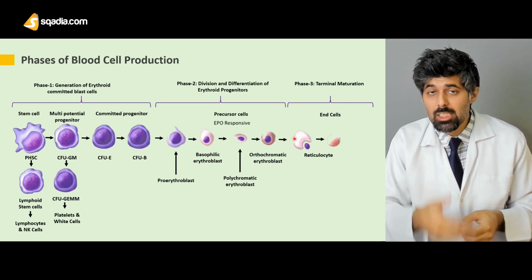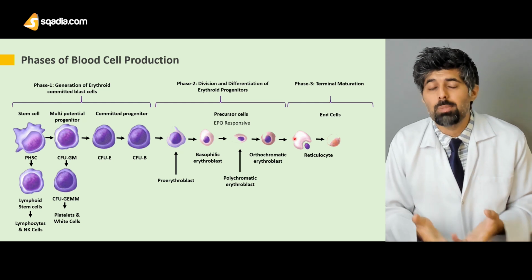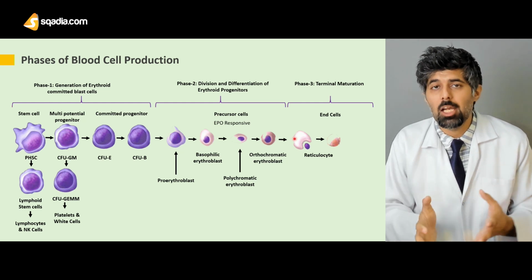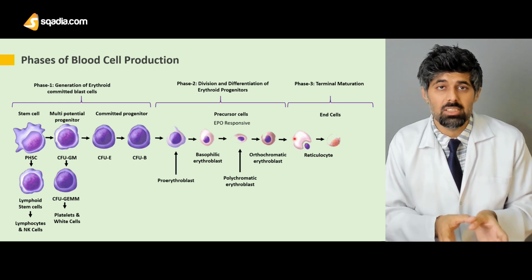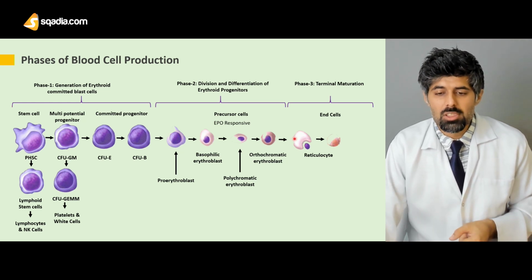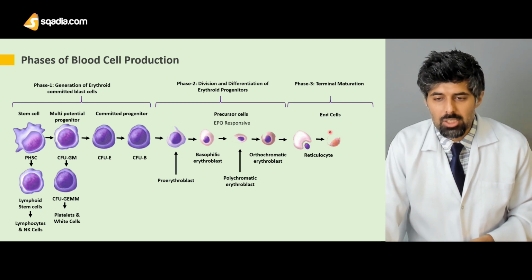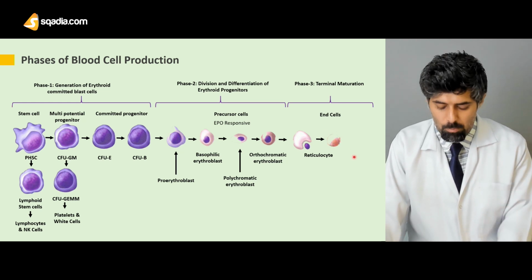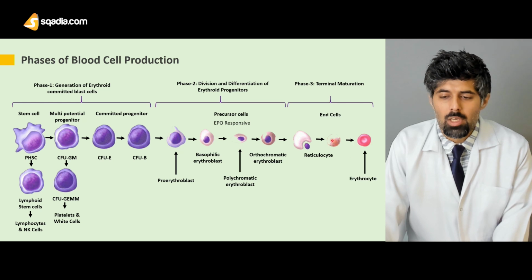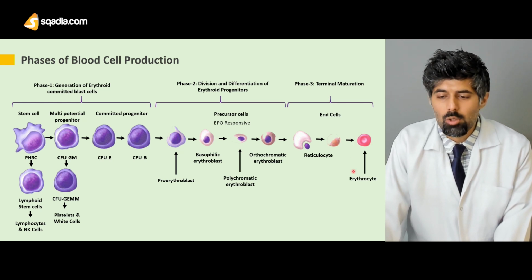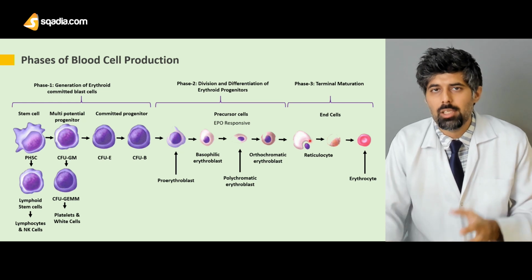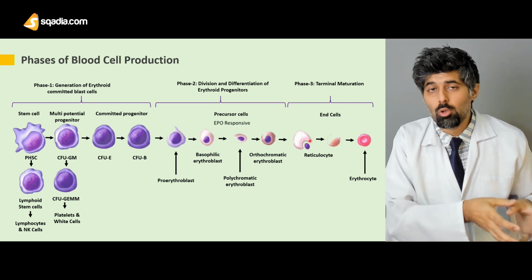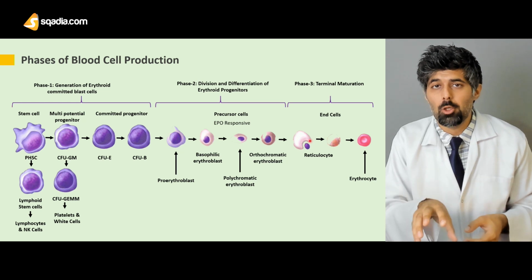Now, it is released into the bloodstream via a special process known as diapedesis, and I have already explained what diapedesis is. Once this reticulocyte enters the bloodstream, it forms the mature RBCs. Reticulocytes are known as reticulocytes because they contain the reticulum.